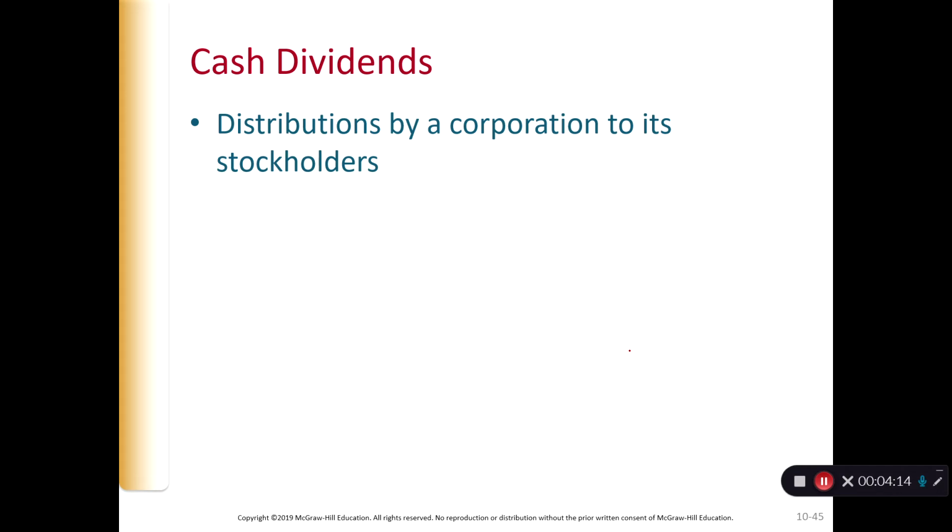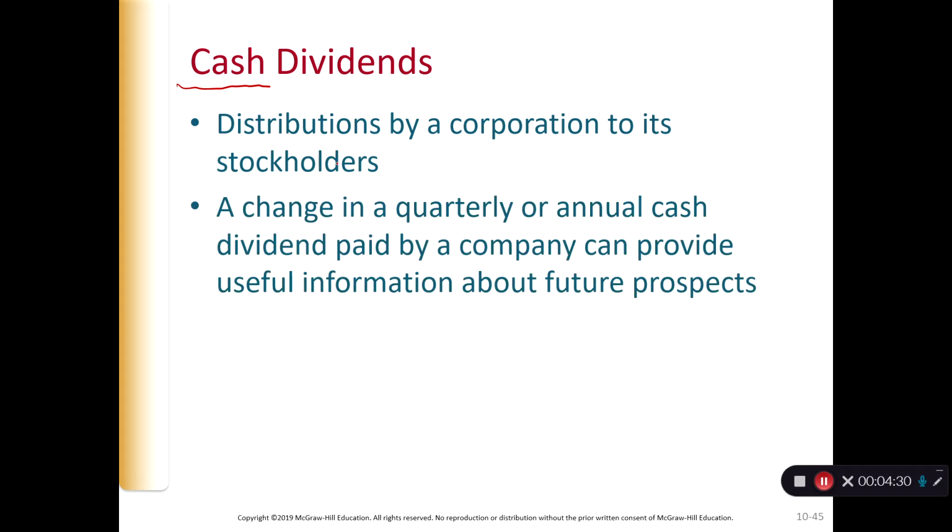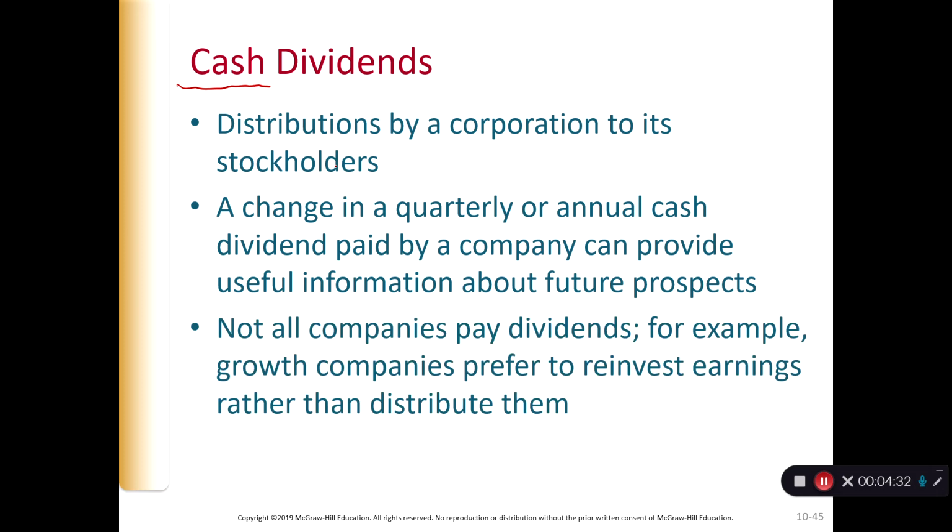If we talk about retained earnings, then we also need to look at the role of cash dividends, right? A cash dividend is a distribution by a corporation to its stockholders, and investors pay very careful attention to cash dividends. A change in the quarterly or annual cash dividend can provide very useful information about the future prospects of the company.